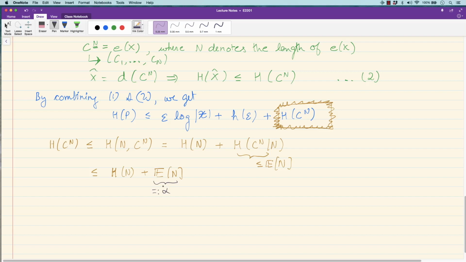Since the geometric distribution maximizes entropy, the right side is less than.